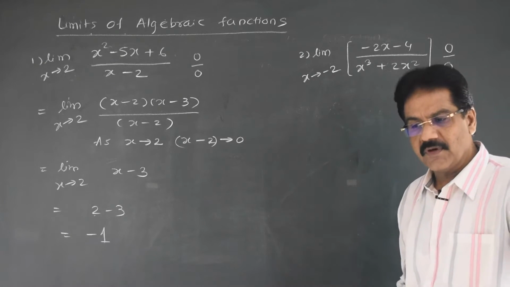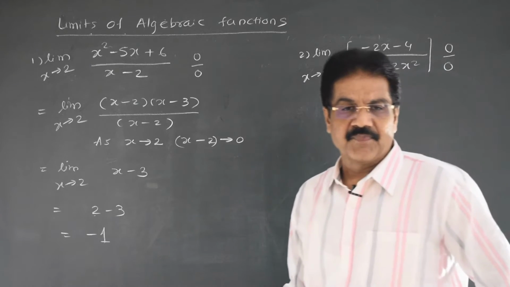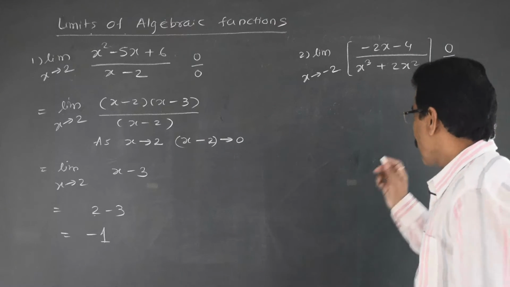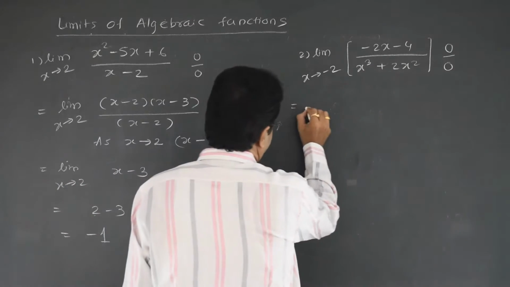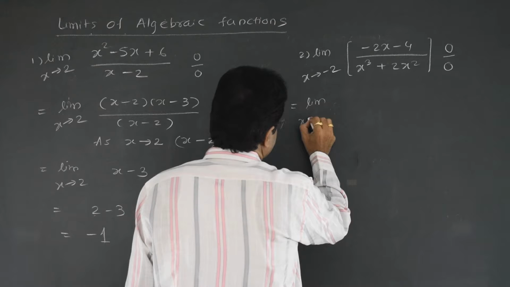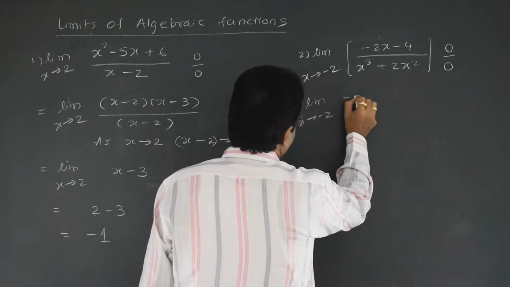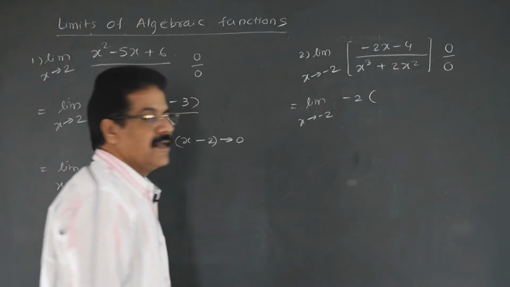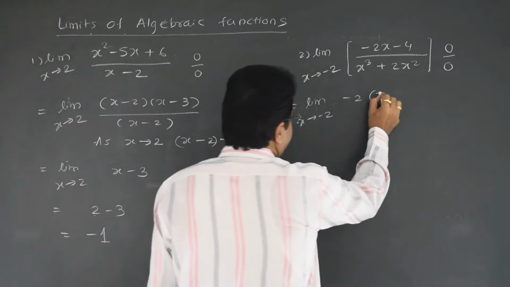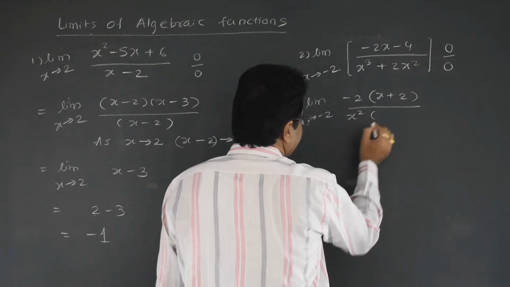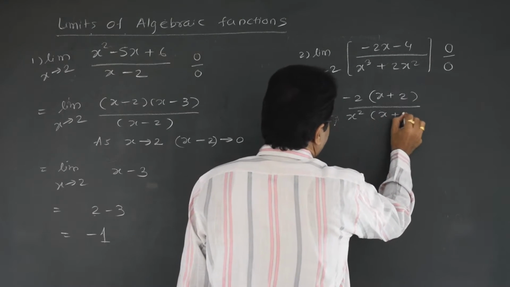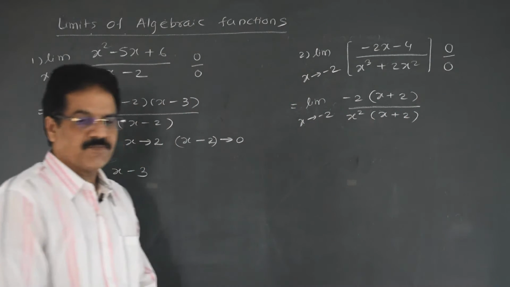So you cannot put the value of x directly. So we need some adjustment. What adjustment can you do here? We will do it one by one. That is equal to the limit as x tends to minus 2. From the numerator it is better to take minus 2 common, so in the bracket we can write x plus 2. And from the denominator let us take x square common, so in the bracket we get x plus 2.